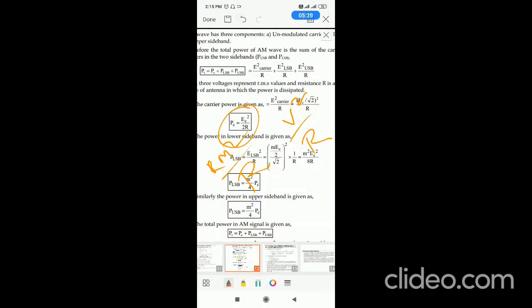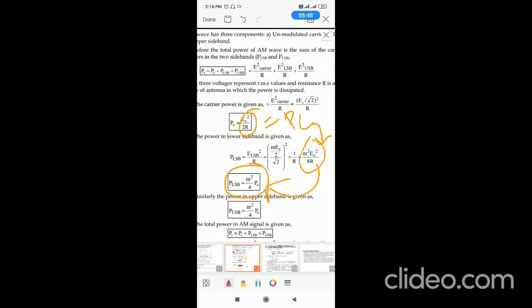Similarly, for upper sideband, you will get M square EC square by 8R. Lower sideband is also M square EC square by 8R. You can simplify this, because EC square by 2R is equal to PC. When you substitute this value, you will get lower sideband power equal to M square by 4 into PC.